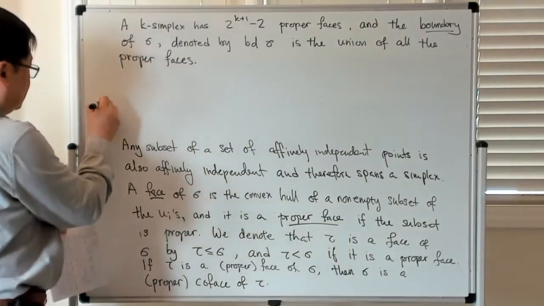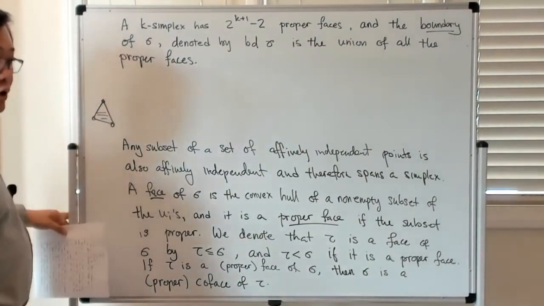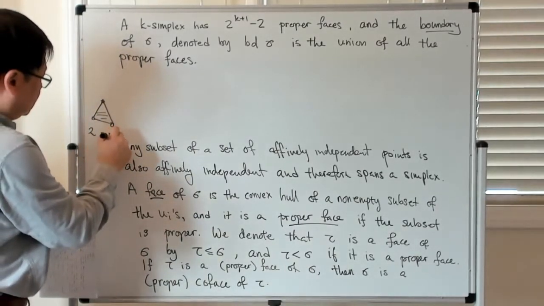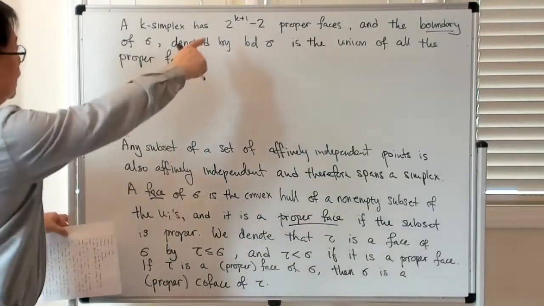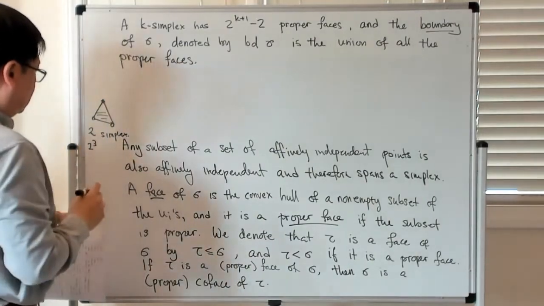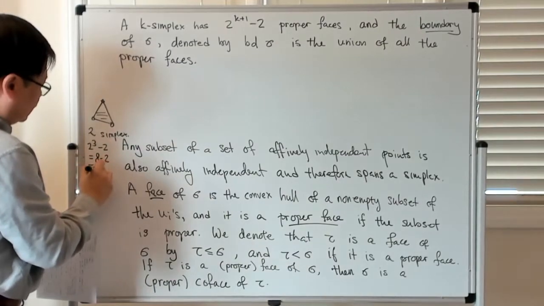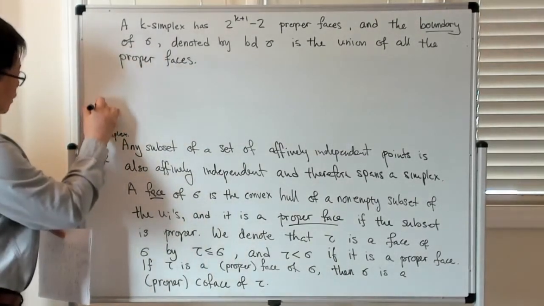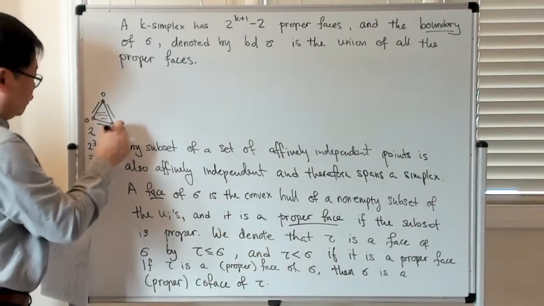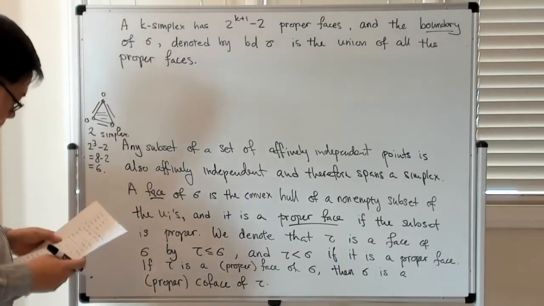Let's think about what you have here. Say you have a triangle, that's a 2-simplex. That says there are 2 to the 3 minus 2, so that's 8 minus 2, that's 6. And there are 3 edges and 3 vertices, so that's 6. That's consistent with the enumeration there.